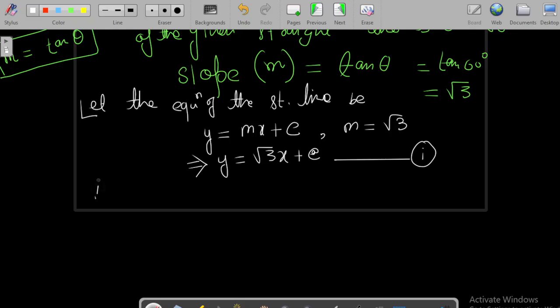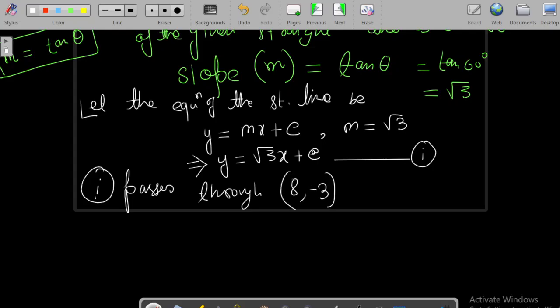So equation 1 passes through 8 comma minus 3. If a straight line passes through a point, then we have to substitute the abscissa and the ordinate of that point in the equation. So here y equals root 3x plus c is the equation.